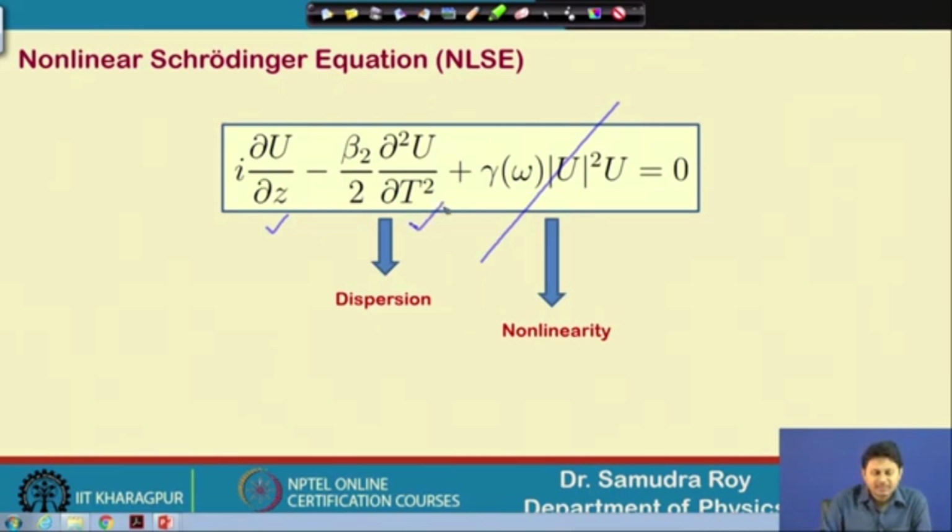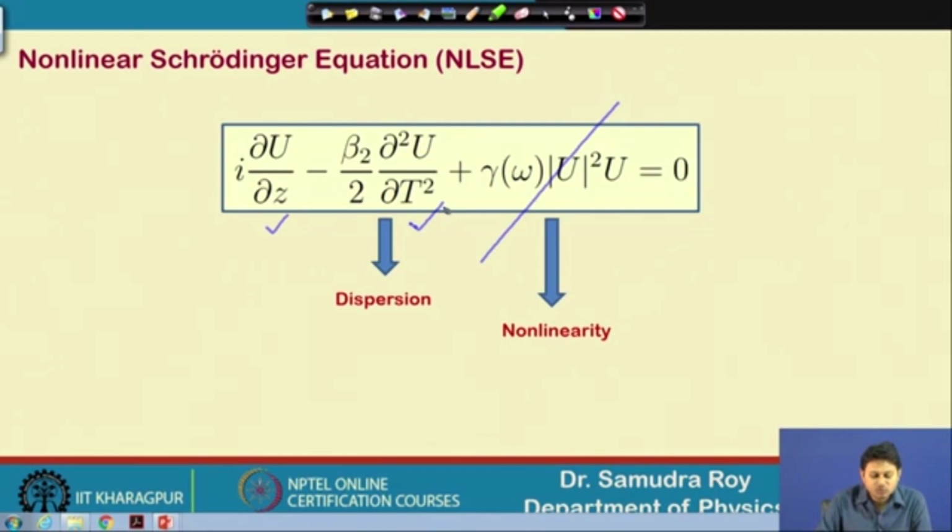Here we have exactly the same thing, but the space and the time coordinates are now interchanged. Here we have a first order derivative with respect to z, which is space, and the second order derivative with respect to time, and these are normally opposite in quantum mechanics when we deal with the Schrodinger equation.